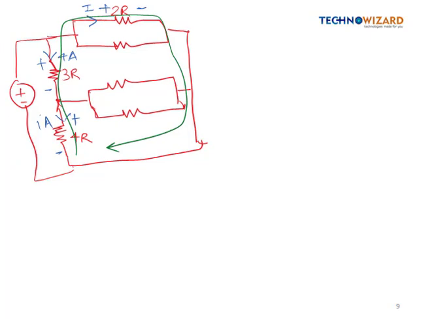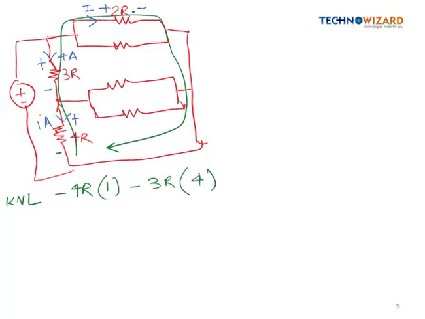So I'm going to write the KVL equation. I'm writing from here. Here the first sign we are encountering is minus, so it will be minus, resistance value is 4 into R and current is 1 ampere. Now again minus, resistance value is 3 into R, the current is 4 ampere.